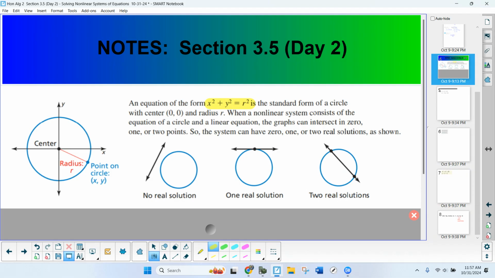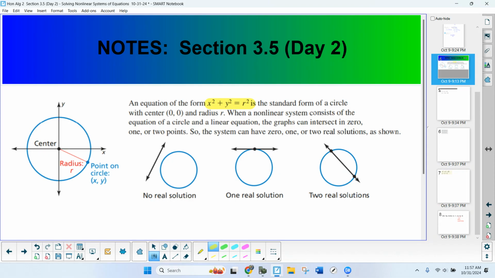You don't really need to know that formula, but you should at least recognize it. Just like yesterday, if you have a circle with a line, you could have no real solution. It might be tangent, with one real solution, or it might intersect, in which case you would have two real solutions.